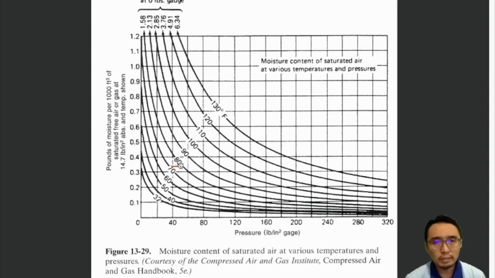If we select a particular curve, the intersection of this curve with the y-axis will occur at these values of pounds of moisture. So if we choose 80 degrees, the value of moisture at 0 gauge pressure is as shown here, which is 1.58.